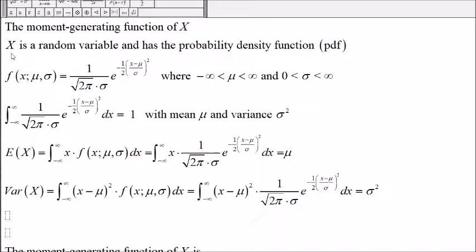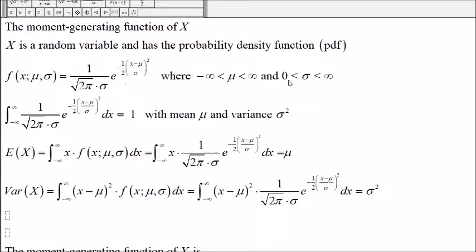Here we have x as a random variable with the normal density function: 1 divided by the square root of 2 pi times sigma, times e to the negative 1/2 times (x minus mu over sigma) squared.